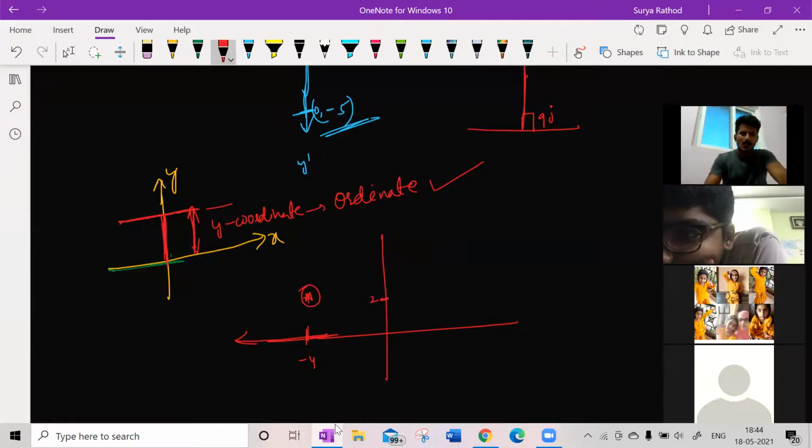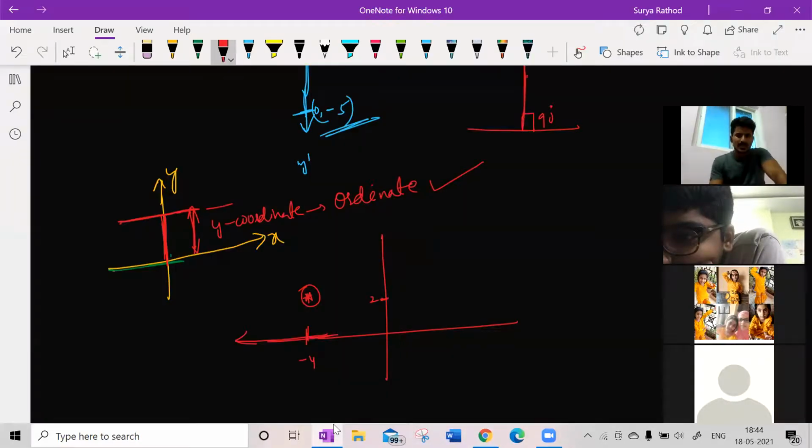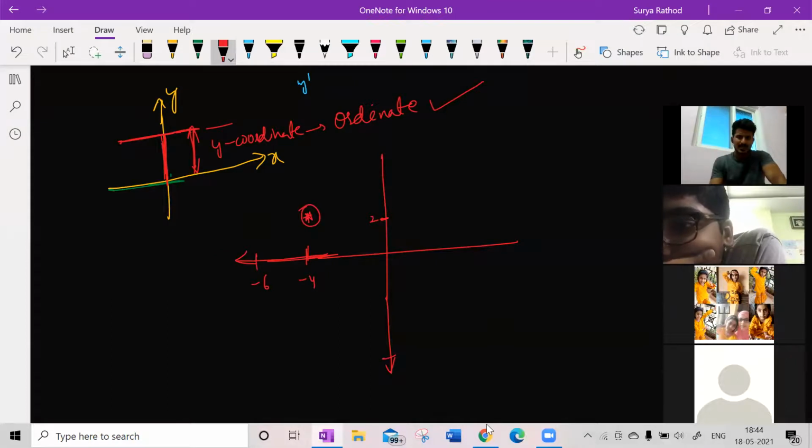Clear? Now (-6, -8). -6 is going to be here, and -8 will be somewhere here. So the point will be here. Clear?